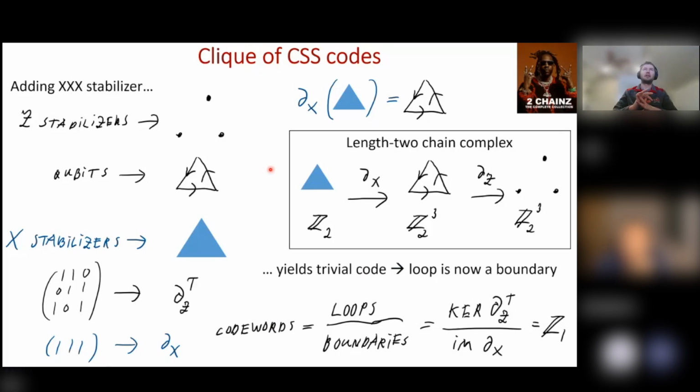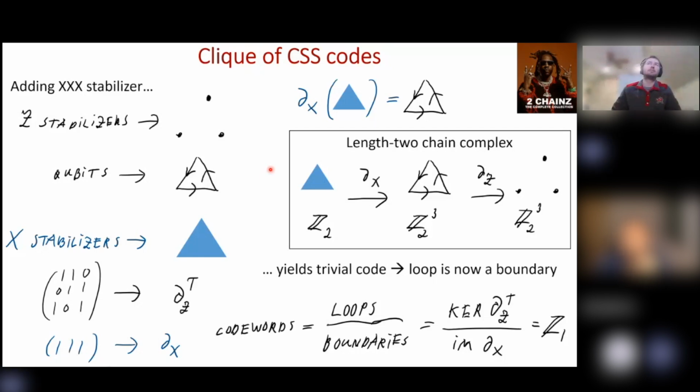Now, the question is, is that loop a boundary of something or is it not? Because if it is, then we can contract it within that something. If it's a boundary of something, then we can just squish it down to 0 within the bulk of whatever it's a boundary of. If it's not a boundary, then it's non-contractible. There's a hole. And so we have a code word.